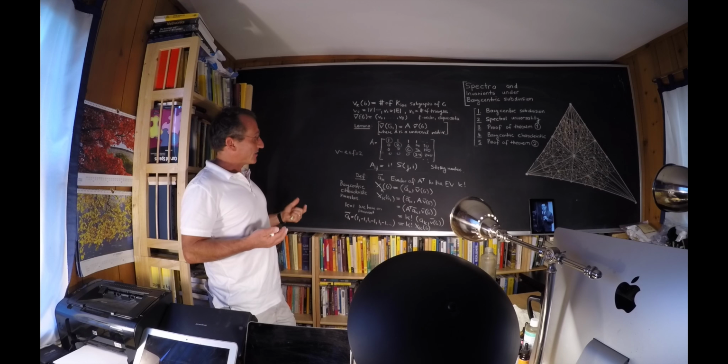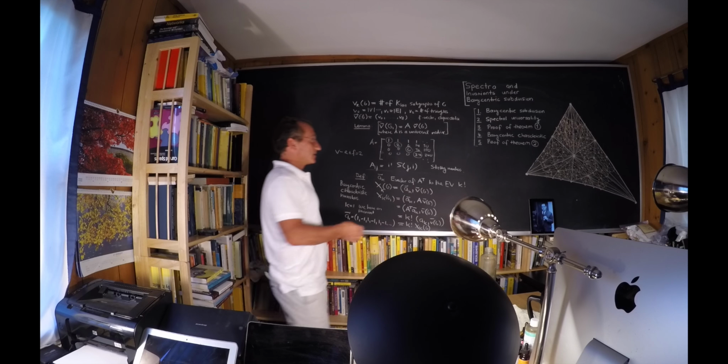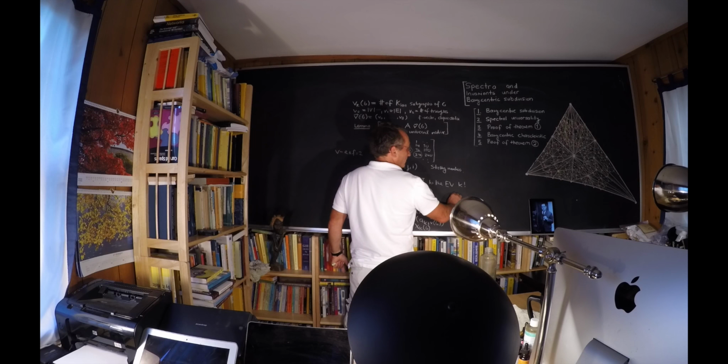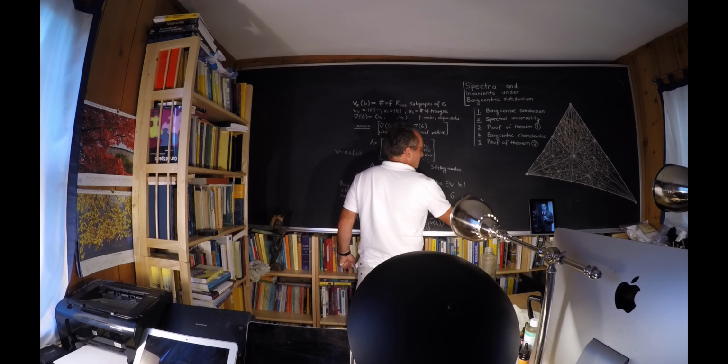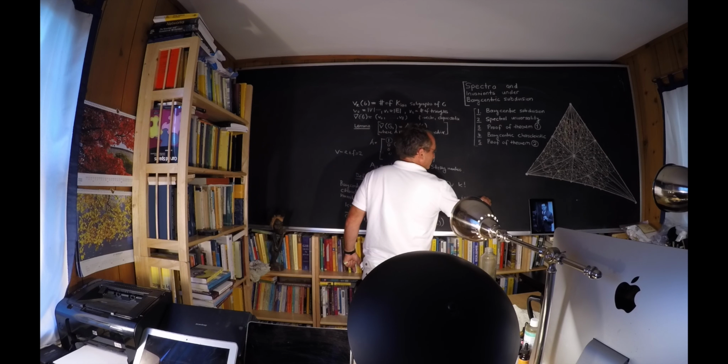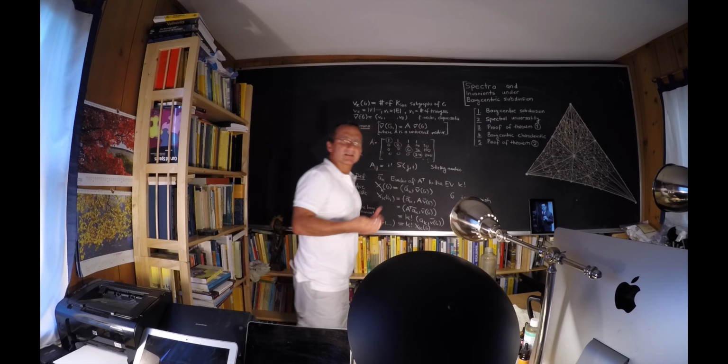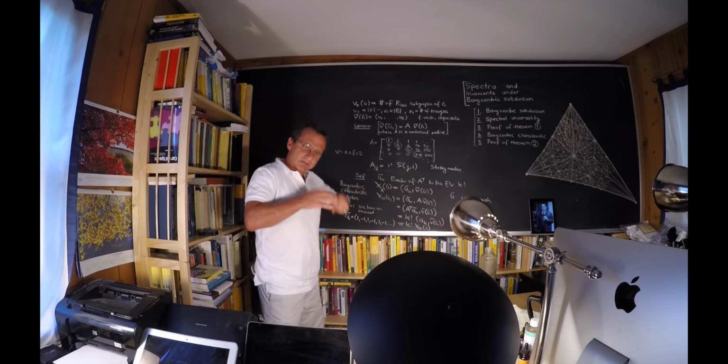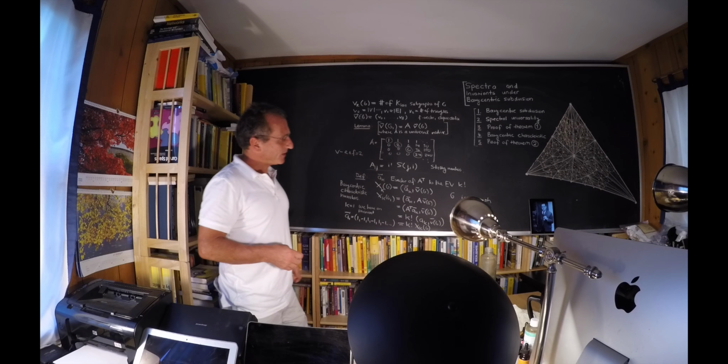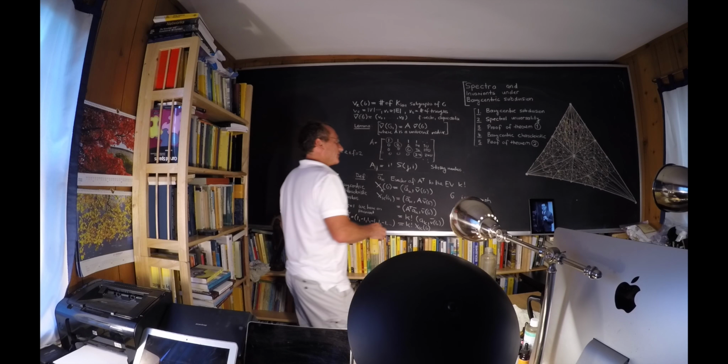But there was an amazing thing which happened: if you take a graph G which is a D graph, I call it a D graph like a D manifold. It's a graph where every unit sphere is a sphere. It's kind of a discrete manifold.